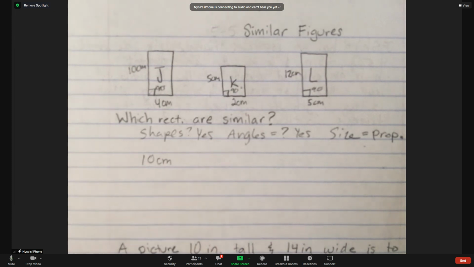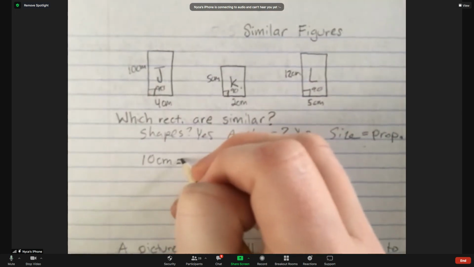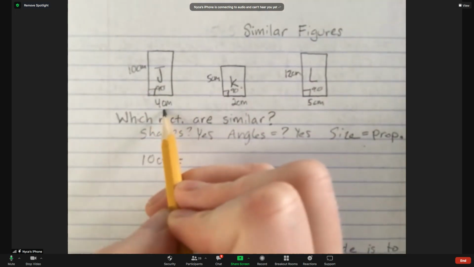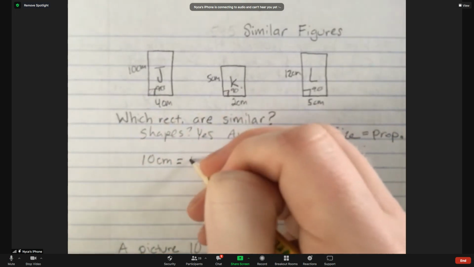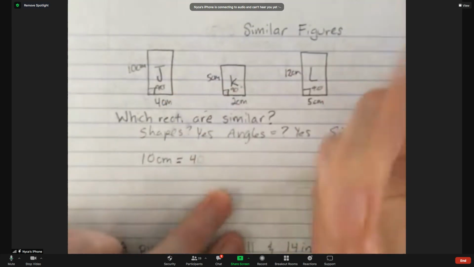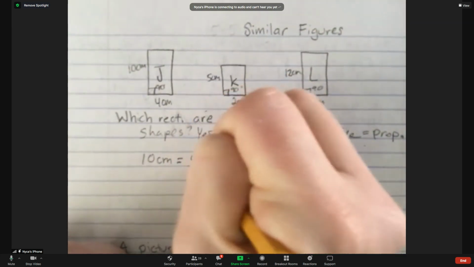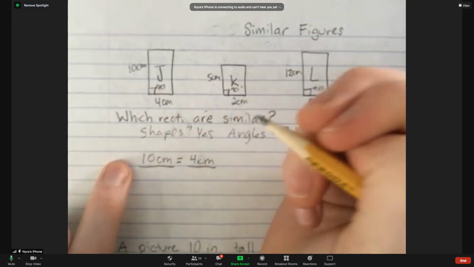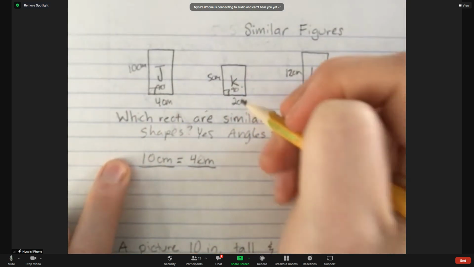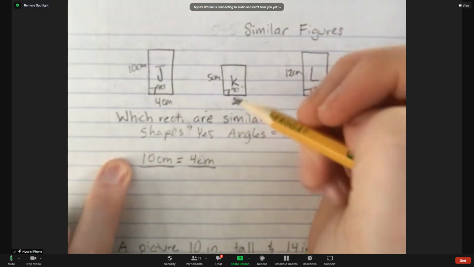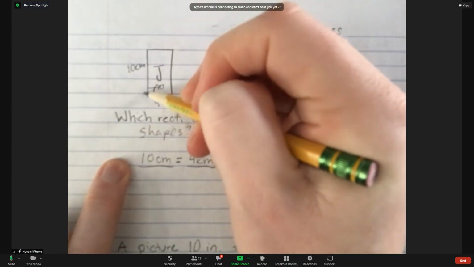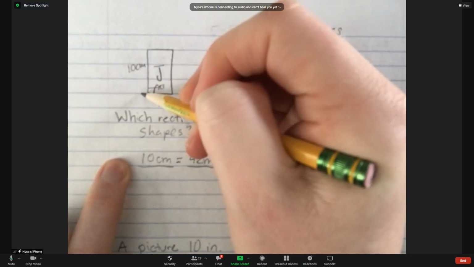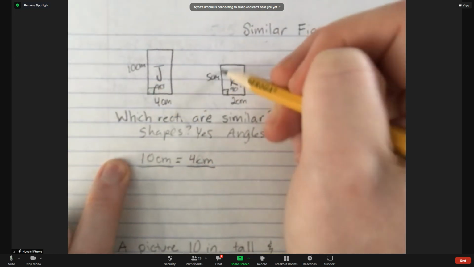So if this is 10 and this here is 4 centimeters, right now I'm looking at just the J. Then I go to my other figure, and again, if I looked at the vertical line first, then in your next figure down on the bottom, you want to look at the same corresponding position, which would be the 5.